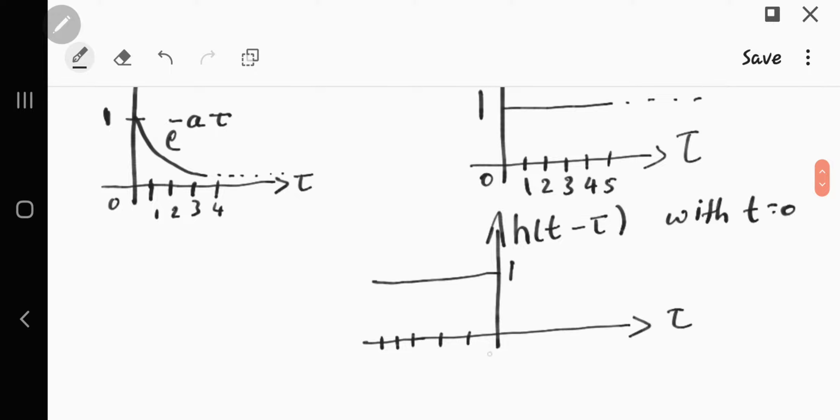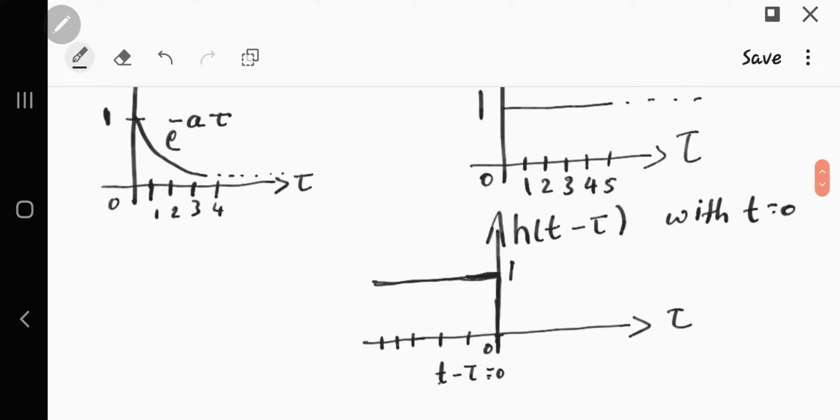Now, this point index. This is the starting point of the signal. I have to define what we call this point, because by using this we get the limits. This is h of t minus tau, so we write t minus tau is equal to 0, this origin point.